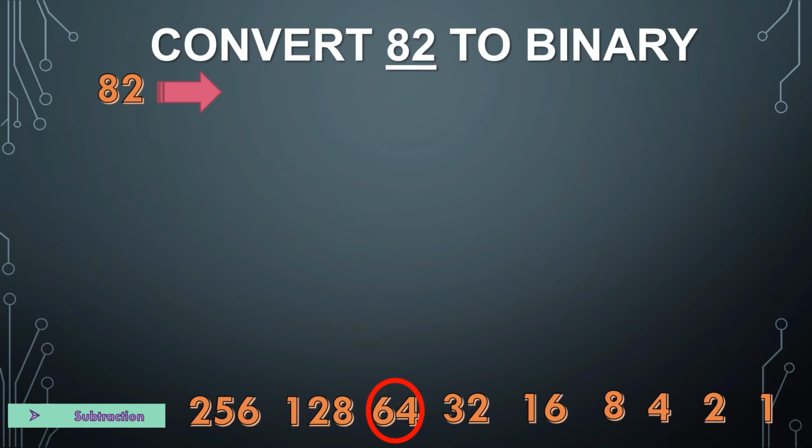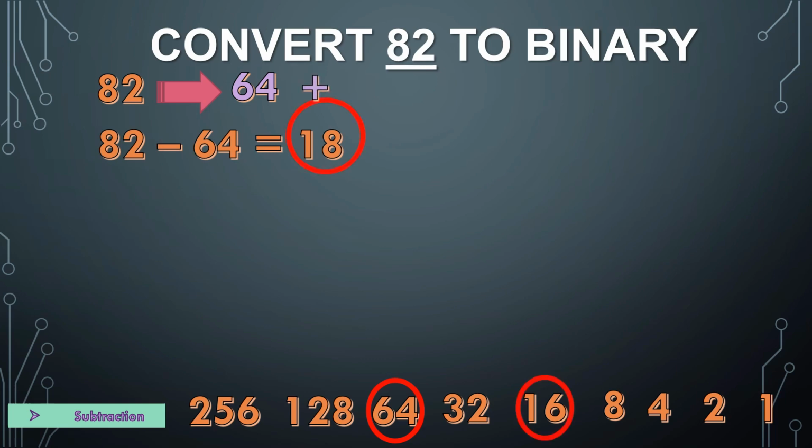That is 64, and we subtract 64 from 82, so we have 18. Then the highest base number less than 18 is 16. Then we write 16 there. 18 minus 16 is equal to 2.